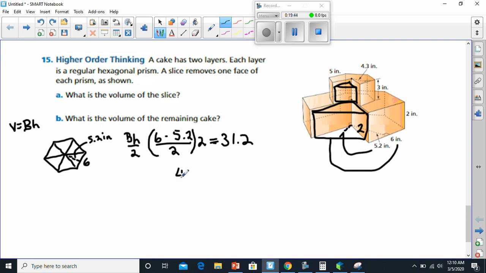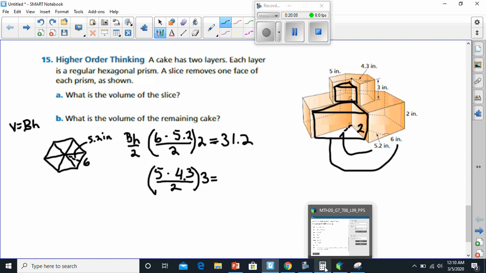So 4.3 is going to be the height of my triangle. 5 is the base. We're going to divide all that by 2, and then we're going to multiply it by its height. This time the height is 3. That'll give us the volume of the small piece.